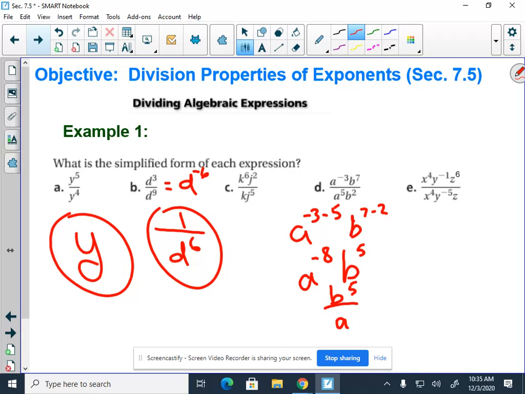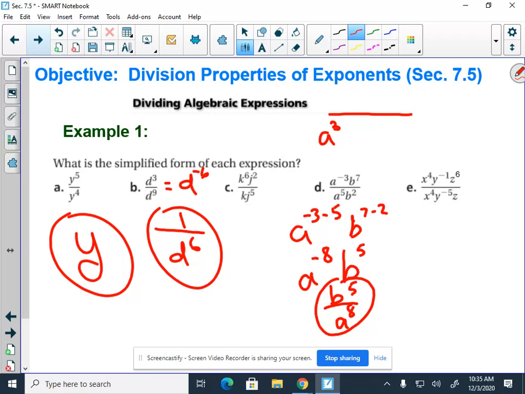Now in the end, the a is going to move down. We're going to have 8 in the bottom. Many times when I start out with negative exponents, they get kind of tricky. So I advise students on this one to first move any negative exponents to the opposite place. That's what the negative exponent does.